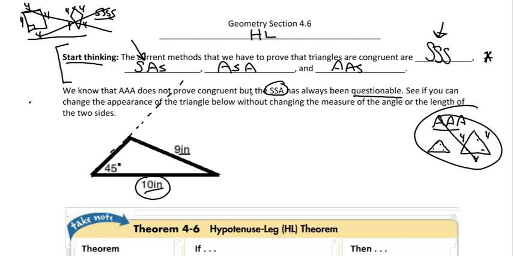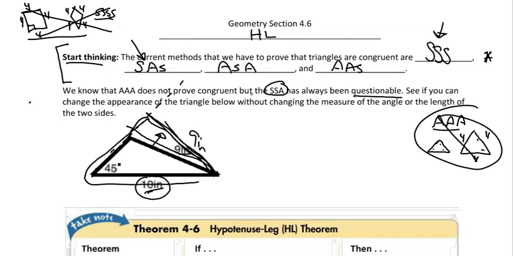Now another one, we could go over and start moving that in this direction. If I move it a little bit, it's too long. You would have to change the angle, which we're not allowed to. But as it keeps going over and moving, it will lock back in place at another time. And there would be a second triangle that could also have 9 inches, 10 inches, and 45.